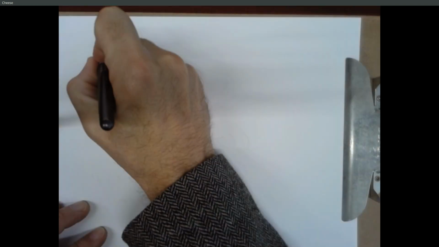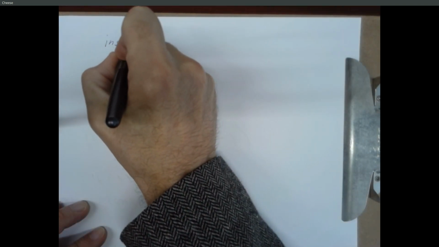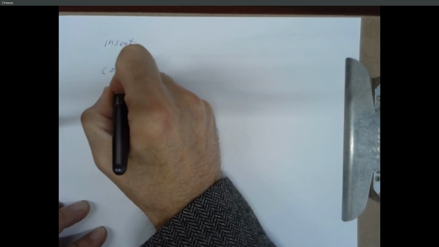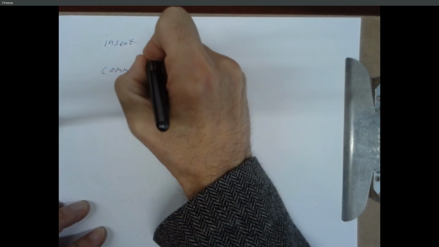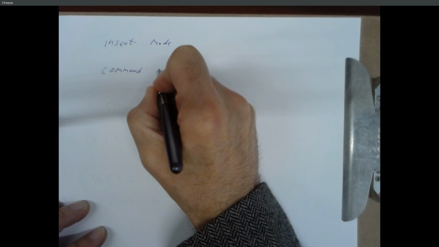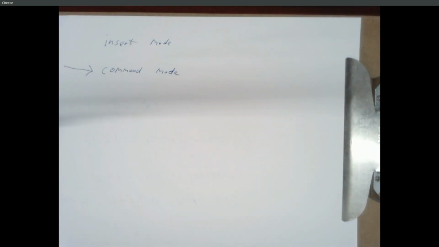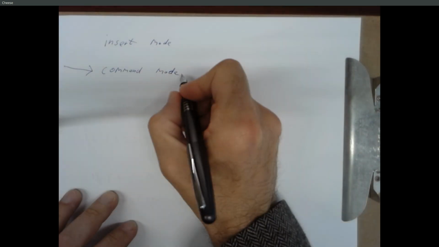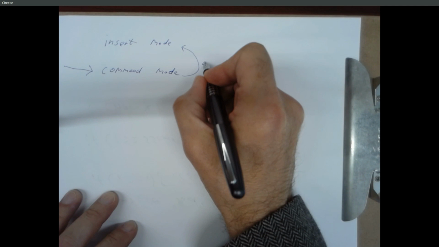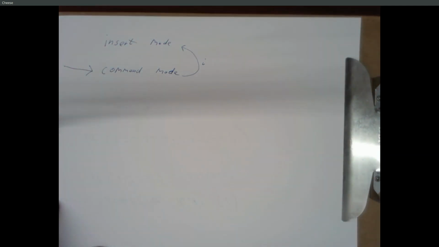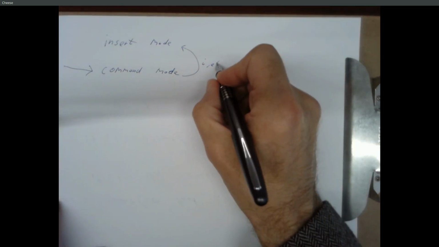To do the really good stuff, we need to think about two modes of operation: insert mode and command mode. When you first start VI, you're sitting in command mode. When you type something like I, that puts you into insert mode. There are other things you can also type.